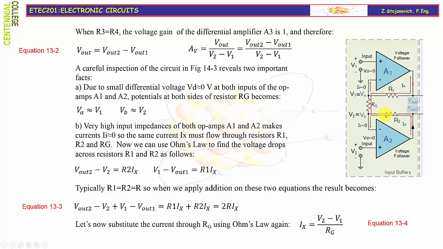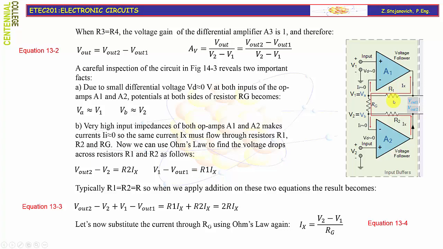So the voltage drop across this resistor, Vout2 minus V2, must be equal to the product of the current that flows through the resistor, R2 times Ix. If we apply the same Ohm's law across resistor R1, the voltage drop will be V1 minus Vout1, and this difference is equal to the product of R1 times Ix.